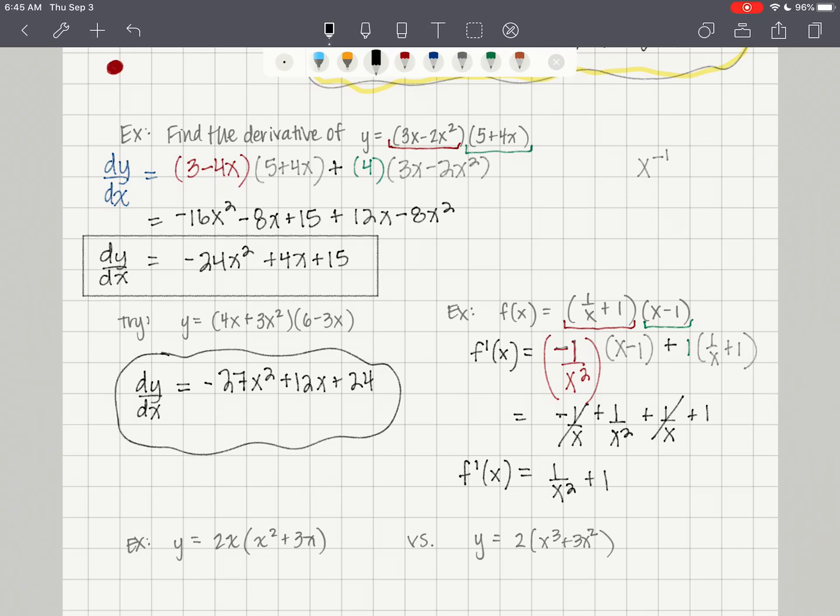Now, I could box that, however, simplified means writing it in one fraction. So I'm going to get a common denominator here. So I'm going to put this over x squared. So that's going to give me 1 plus x squared all over x squared. And that's going to be my answer. Let me write equals f prime of x right there. And then I'm ready to box it. There we go.